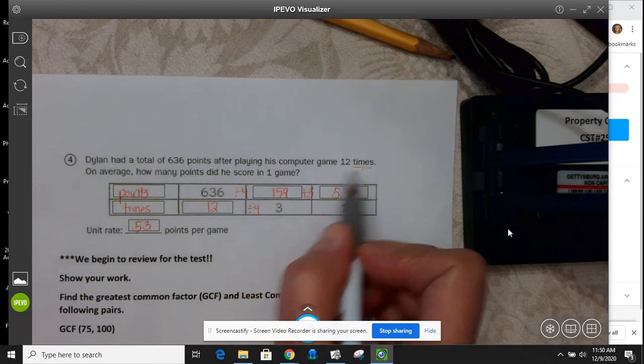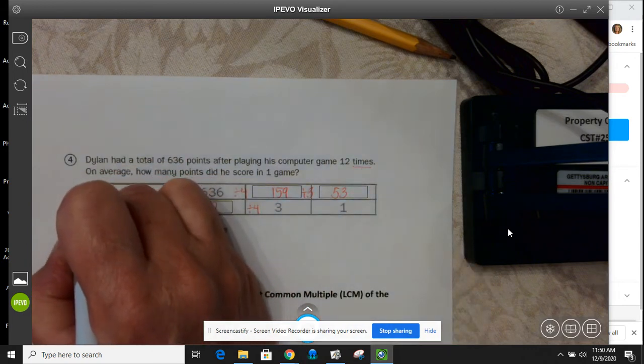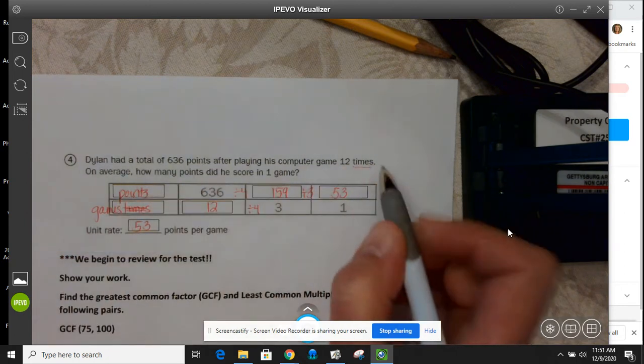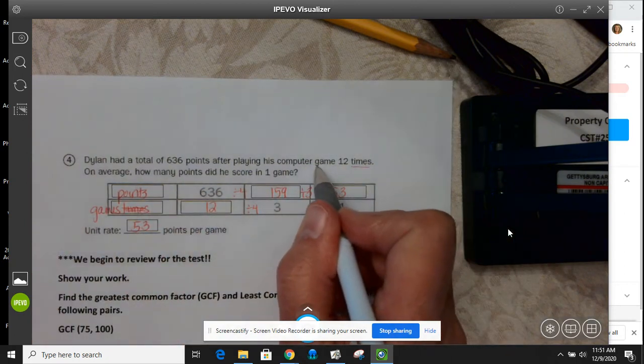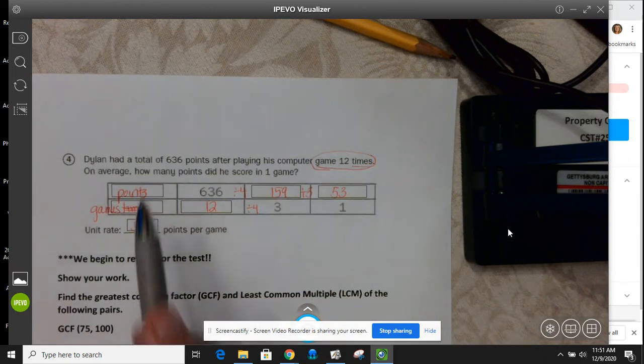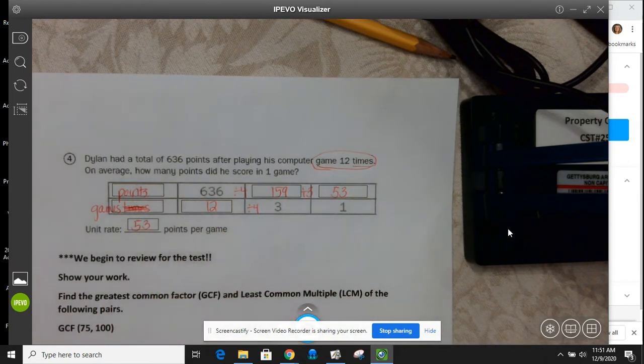So it would be 12 games. I'll make this games instead. Computer games, 12, so 12 games instead of times. And I could have rewritten this as times playing games, but just games is all you need for that particular unit.